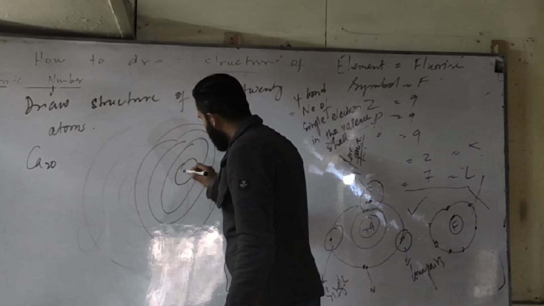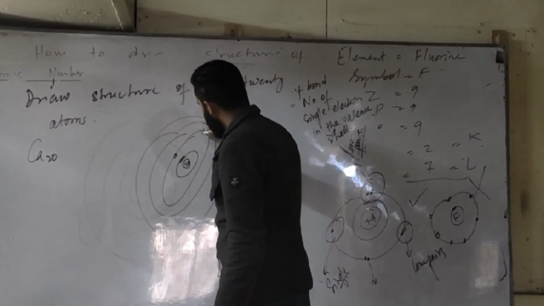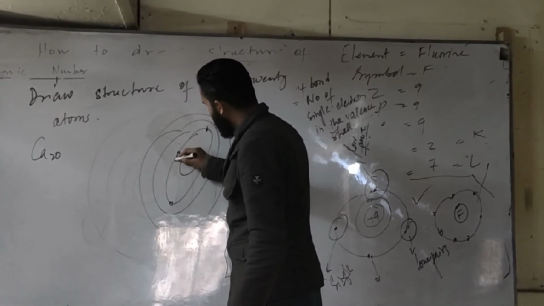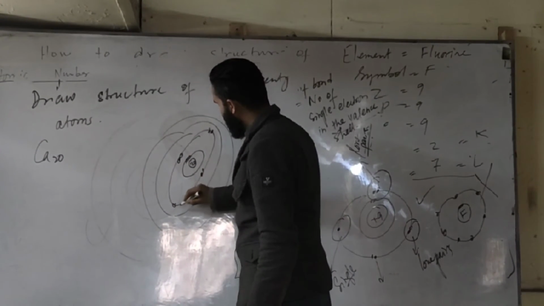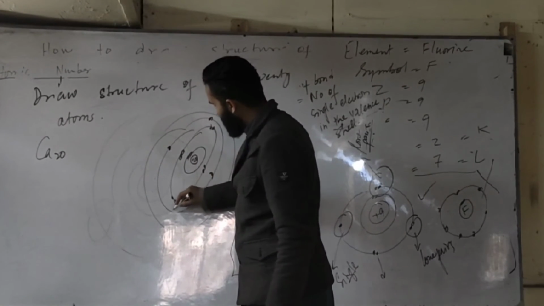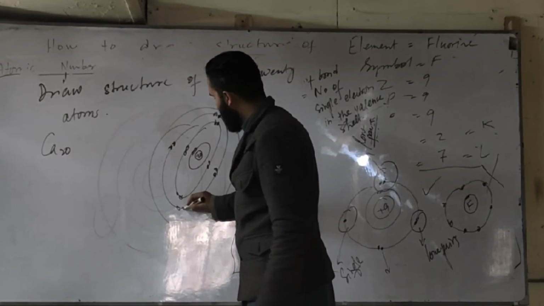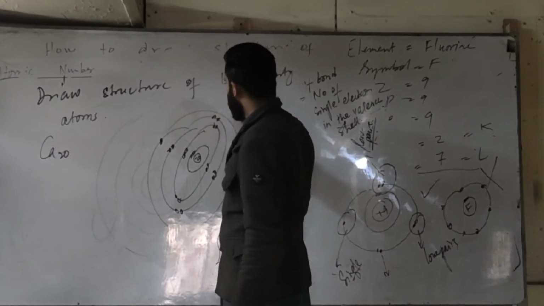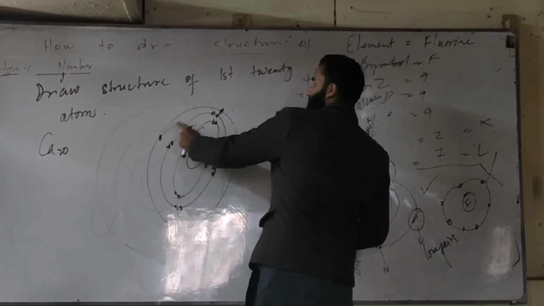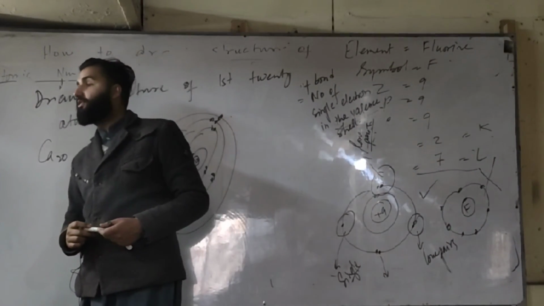So this is our 20 protons. These are 2 electrons, then 1, 2, 3, 4, 5, 6, 7, 8, and again 1, 2, 3, 4, 5, 6, 7, 8. And this one. So how many single electrons are there? 2. So calcium will form 2 bonds.